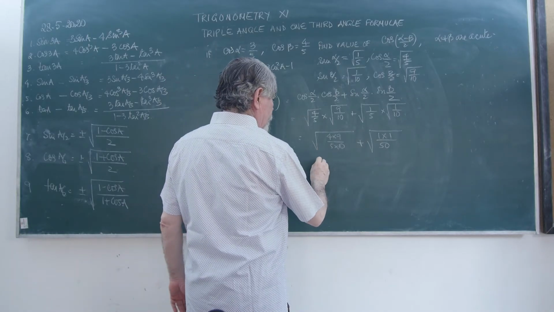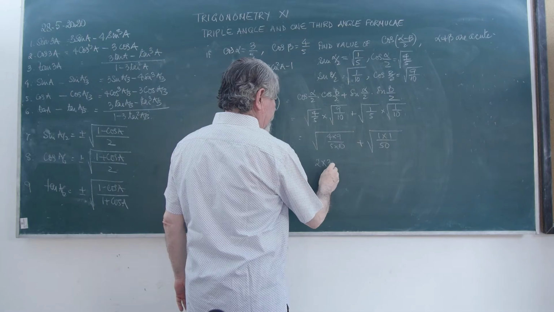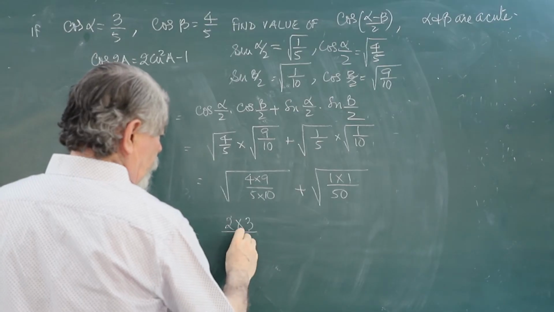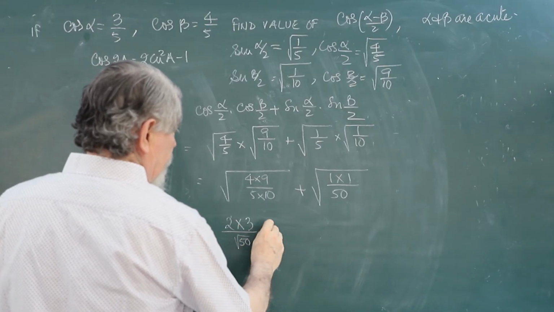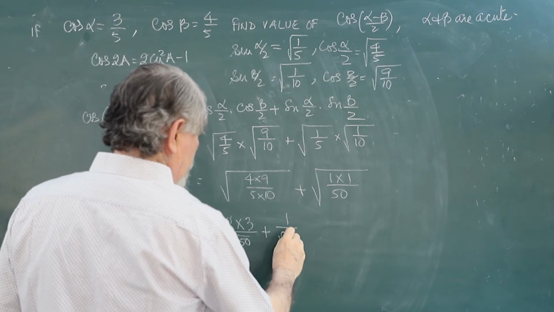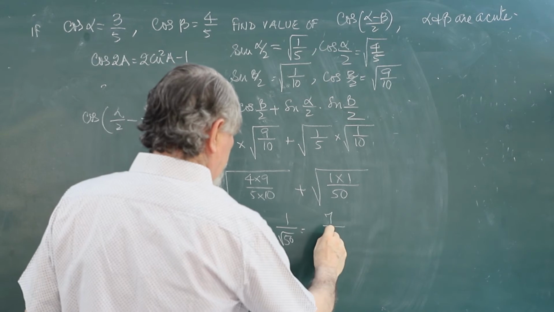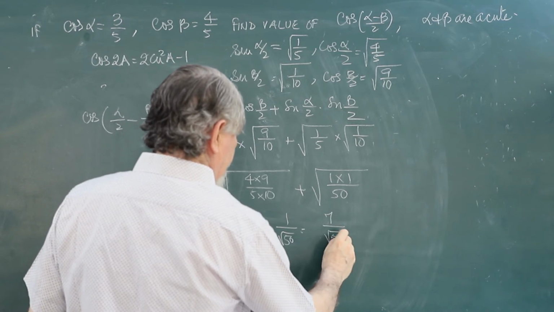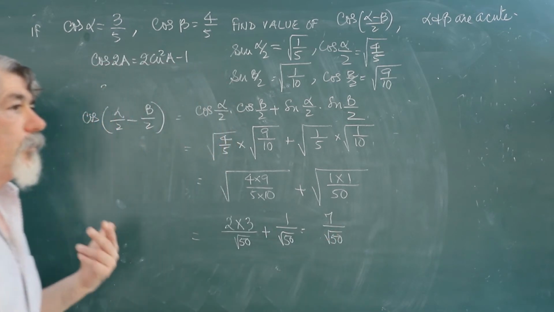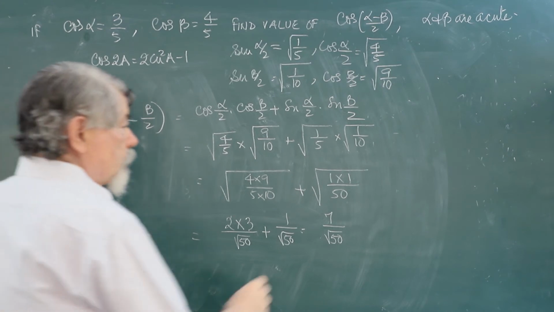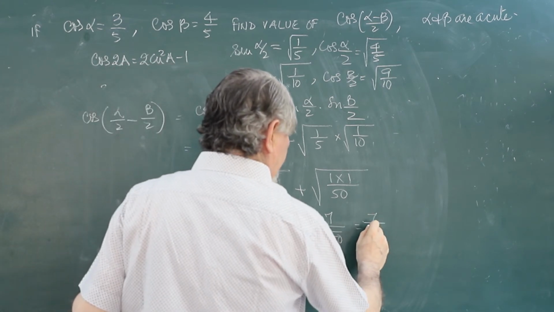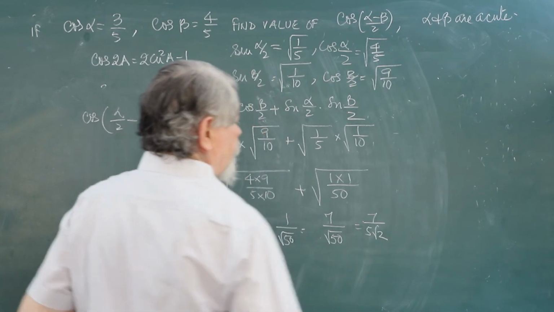Square root of 4 is 2, square root of 9 is 3, upon under root 50, plus 1 upon under root 50. So 2 3s are 6, 7 upon under root 50. 50 means 25 into 2. So 7 upon 5 under root 2.